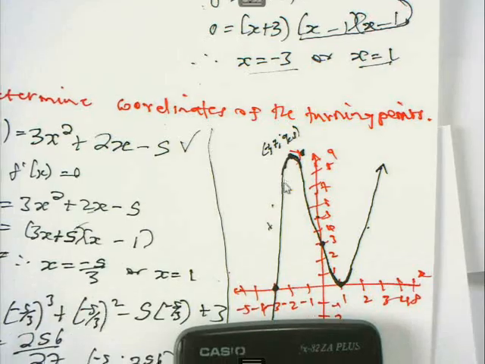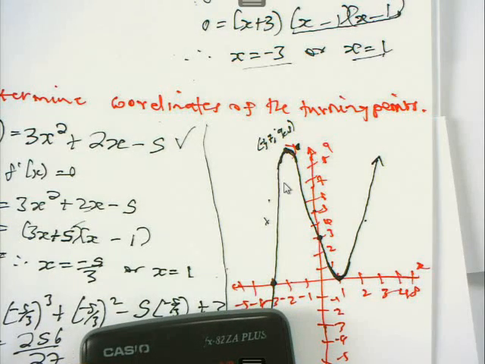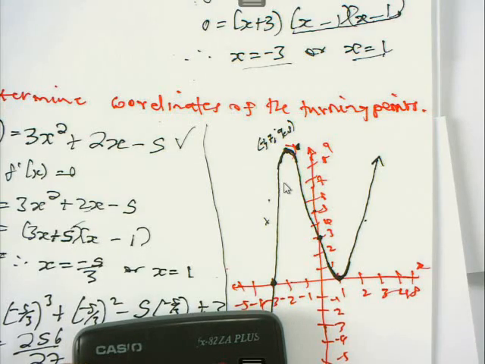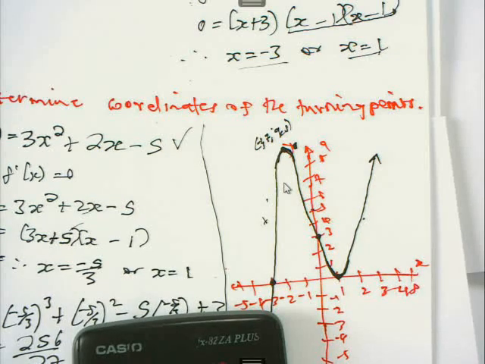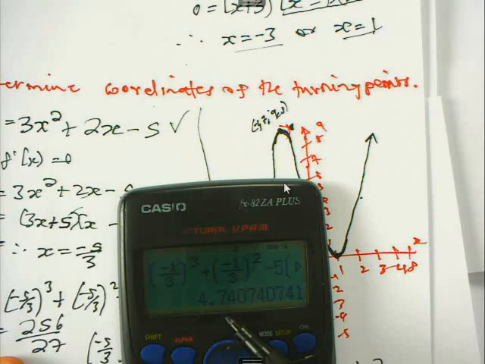Right, of course, you see that the corresponding y value will be positive 128 divided by 27, which in decimal will be 4.7. You can see clearly there, that is 4.7.